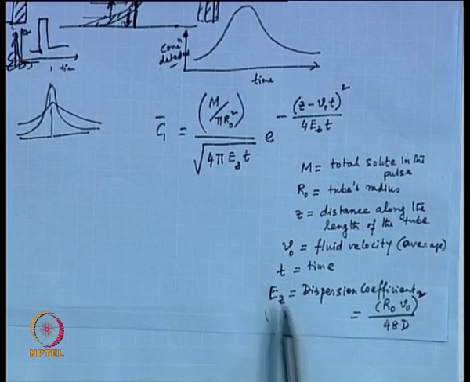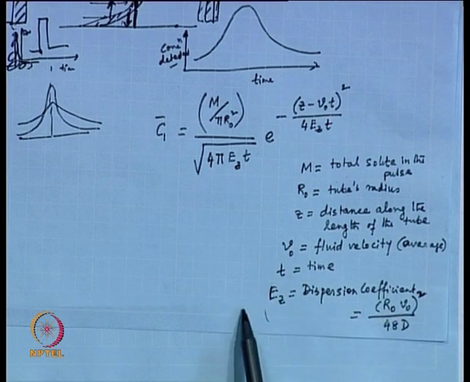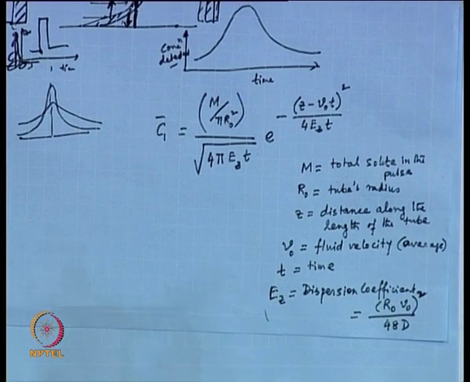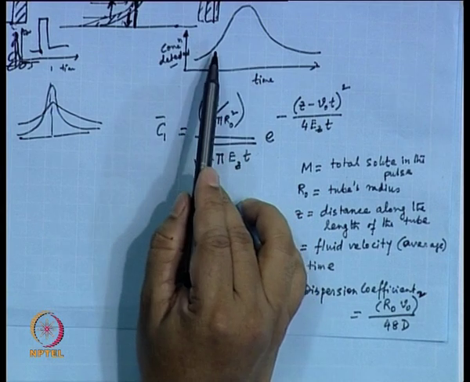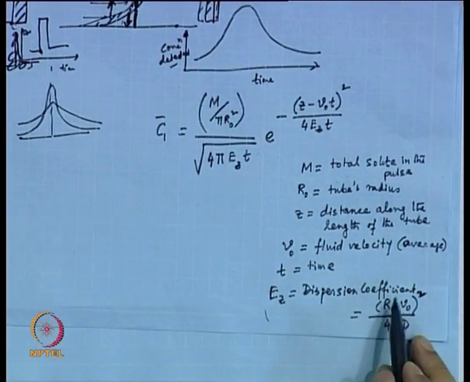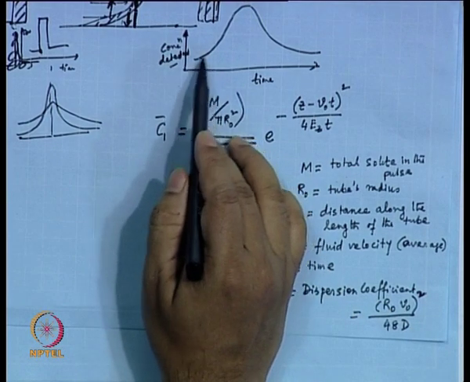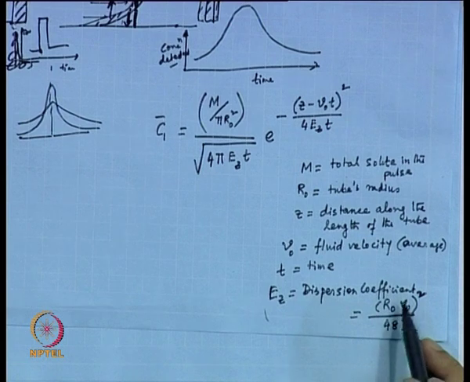So that means the factor that is responsible for the spreading of solute is defined by V0, not only V0, V0 square.